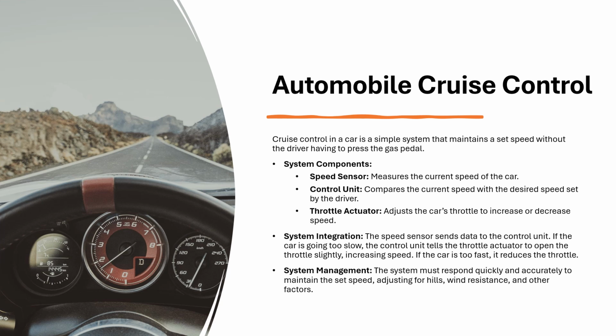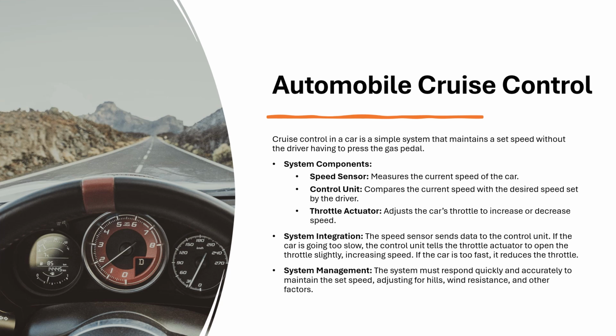This is how the components integrate or talk with each other. Then for system management, the system must respond quickly and accurately to maintain the set speed, adjusting for hills, wind resistance, and other factors. These are factors you have to keep in mind if you're designing any system, as they could affect the performance of the system.